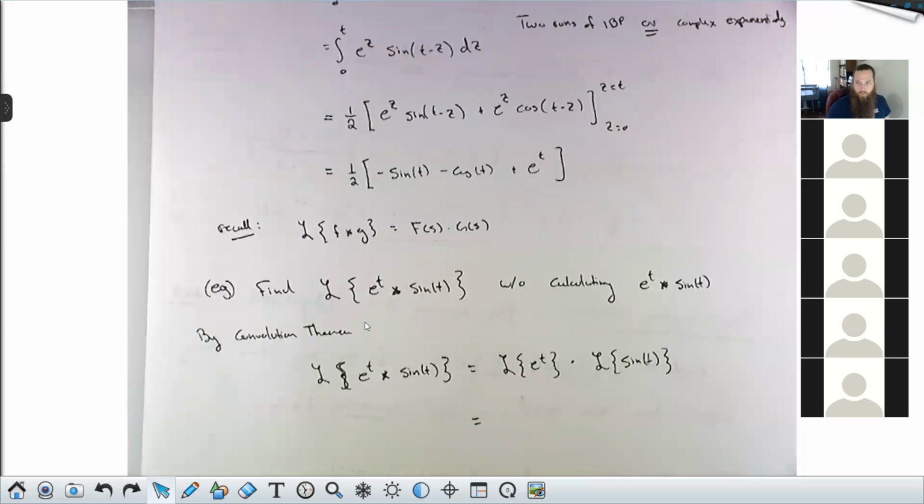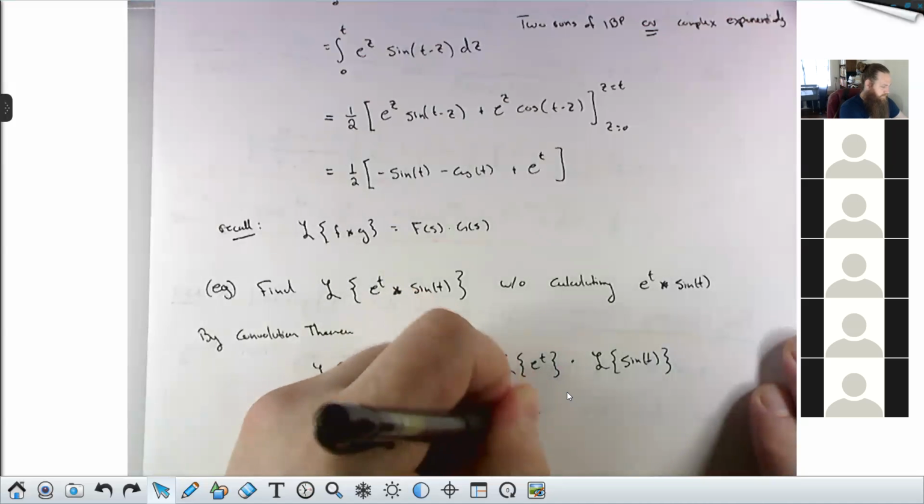And then the Laplace transform of e to the t, I know that. What's the Laplace transform of e to the t? Just regular forward Laplace transform. 1 over s minus 1. Very good. This is 1 over s minus 1.